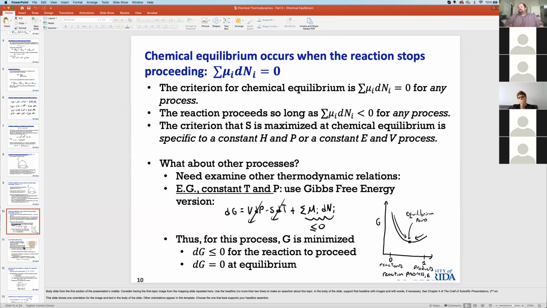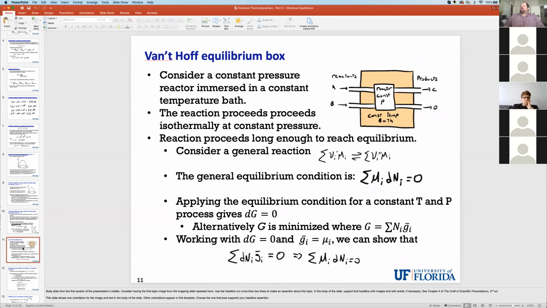Now, how do we actually go about doing this classically? If you were to take a standard course in combustion, we would spend quite a bit of time discussing what's called a van 't Hoff equilibrium box. This is a hypothetical construction where we have a vessel, a giant constant temperature bath, and a constant pressure reactor.